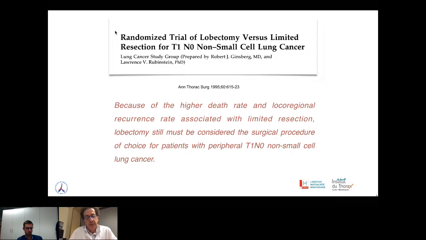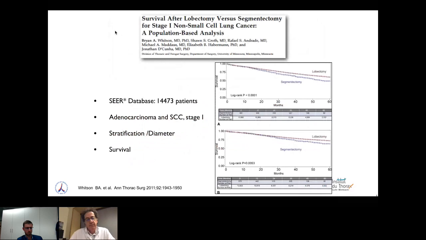However, if you look at publications that were released later, like that one, it appeared that when you look at lobectomy versus segmentectomy for stage 1 adenocarcinoma and squamous cell lung cancer, the survival was better after lobectomy than after segmentectomy.